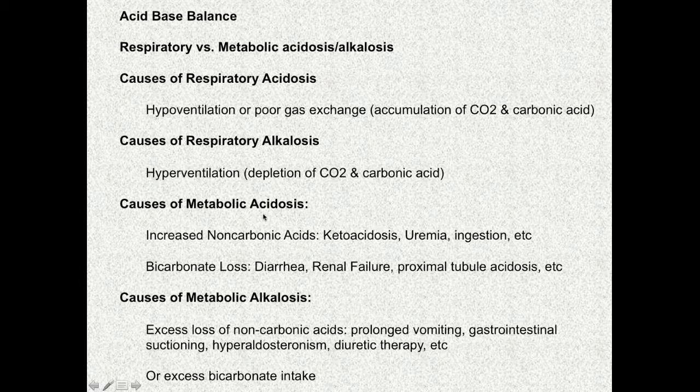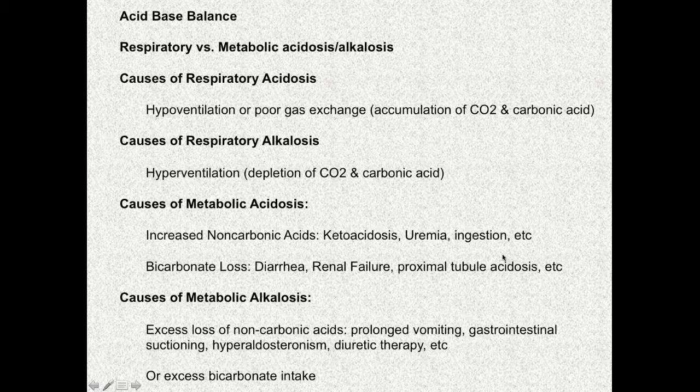Another cause of metabolic acidosis is bicarbonate loss. So anything that causes us to inappropriately lose bicarbonate, like diarrhea, so chronic severe diarrhea. Renal failure, so this is an interesting thing. Renal failure can cause acidosis in a couple of different ways, either by accumulation of acid or increased loss of bicarbonate.